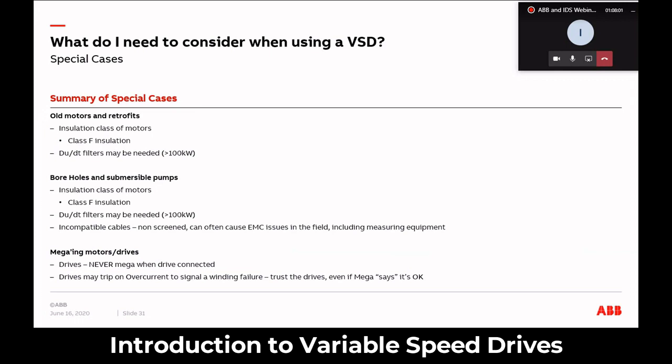They may have some incompatible cables where they're non-screened, and as a result of that, can often cause EMC issues in the field, but can also cause EMC issues to ancillary equipment as well, including measuring equipment.